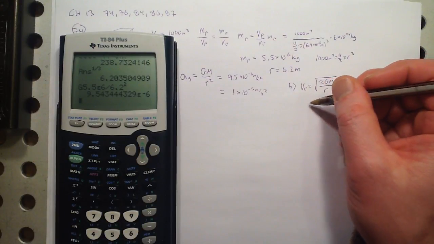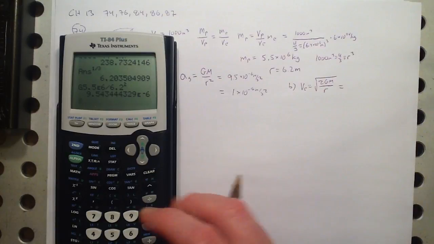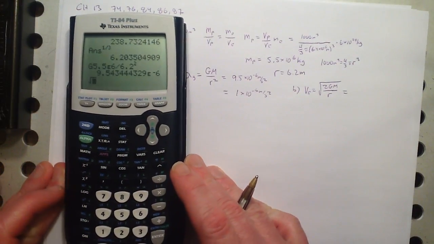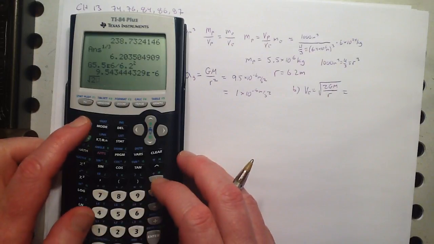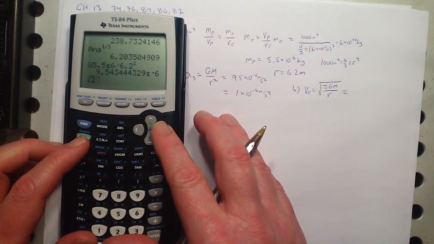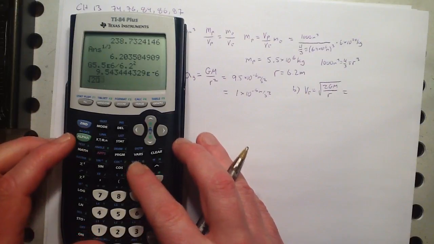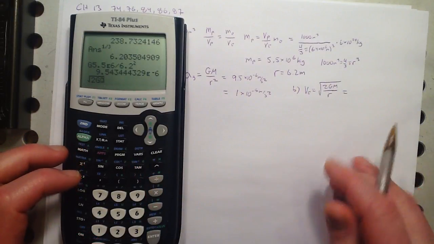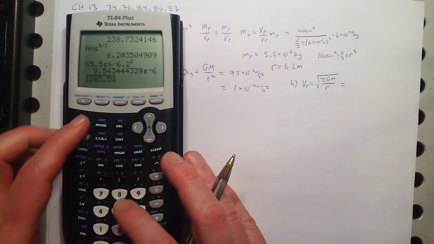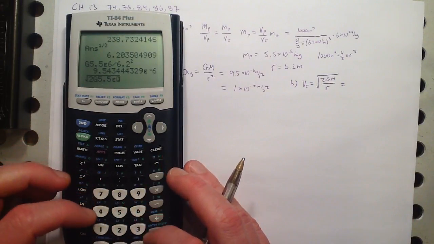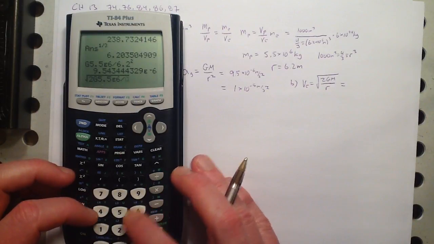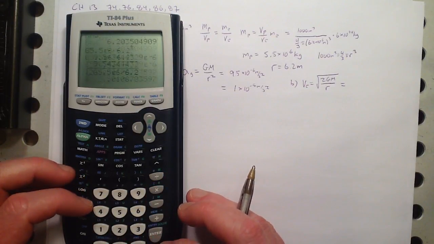So let's see, that would be the square root of 2G times the mass of his planet, 5.5 times 10 to the 6th, divided by the radius of his planet, 6.2 meters.